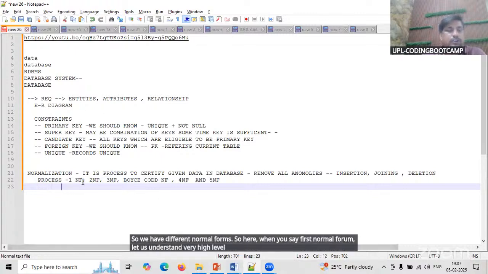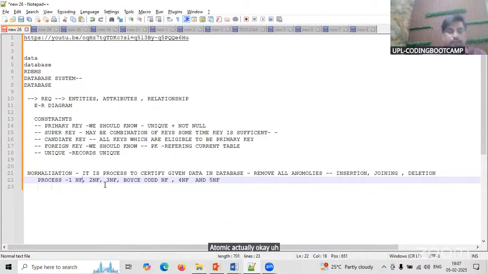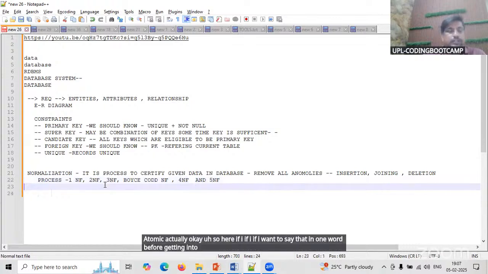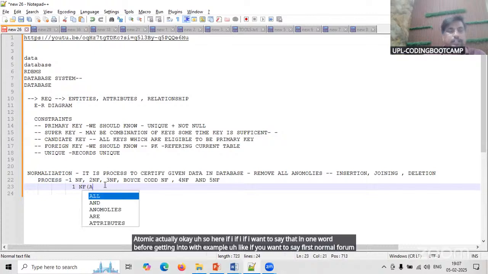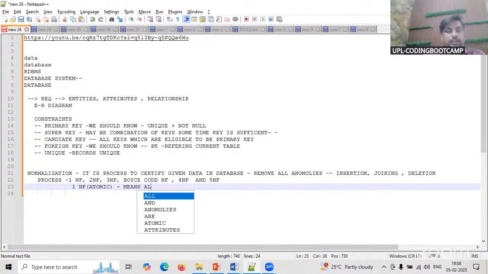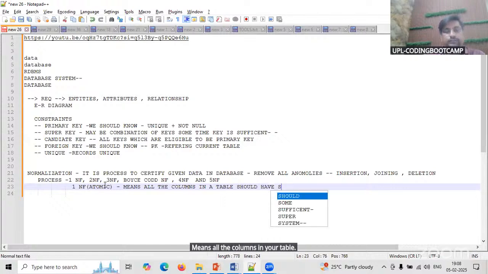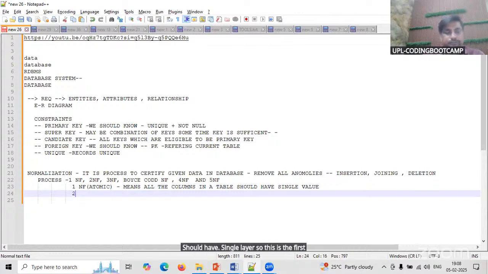It is called as atomic actually. If I want to say in one word before getting into an example, first normal form, we call it as atomic. Means all the columns in a table should have single value. So this is the first normal form definition.